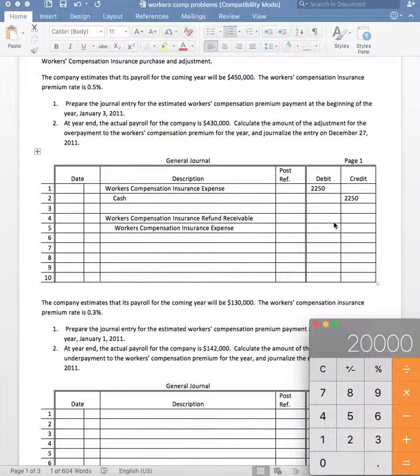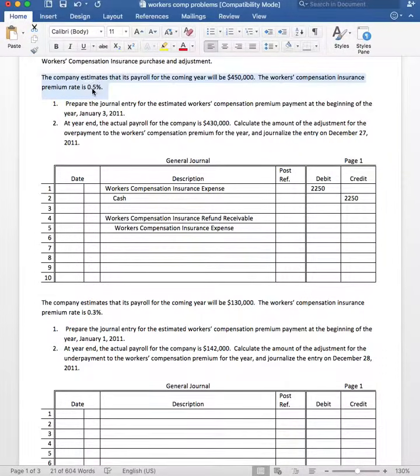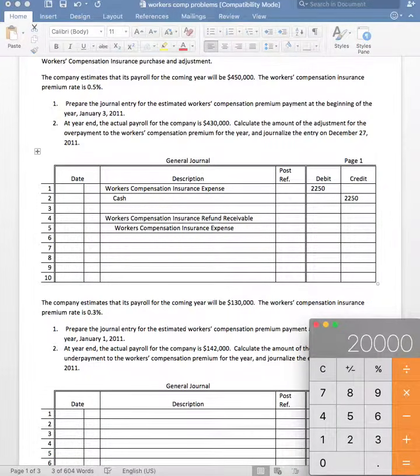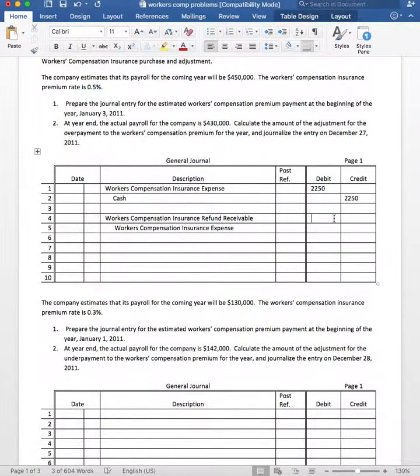We are not going to be receiving a refund of $20,000 on the $2,250 we have previously purchased. We will be getting the 0.5% on that $20,000 times 0.005, $100. And we are now done with this scenario.